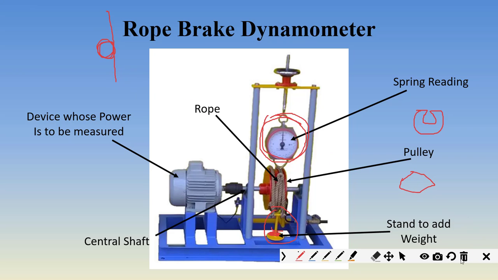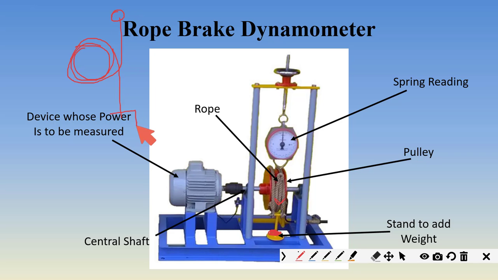So basically what is happening, because of the weight which is added over here, there is a tension in this rope. See, this is your pulley. This is the rope which is wound around it. One is going up, one is going down. This is connected to a spring balance. Over here there is some weight. Because of that weight, there is some tension over here, and tension on this rope.